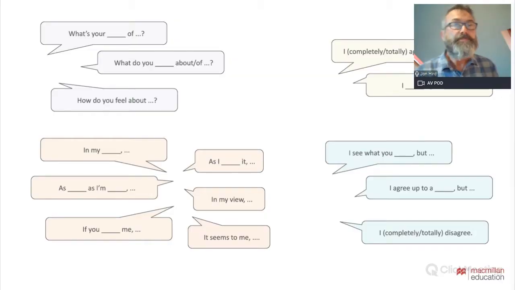So let's move on. This is just to give a bit of backstory. I teach at the University of Oxford. I teach postgrads. They're B2 plus on the whole, B2 right through to super advanced, I guess. And we do a class on opinions. It's a key thing of university life. I look at it from an academic context, a professional context, and an everyday context. And this is what I do to get the ball rolling.